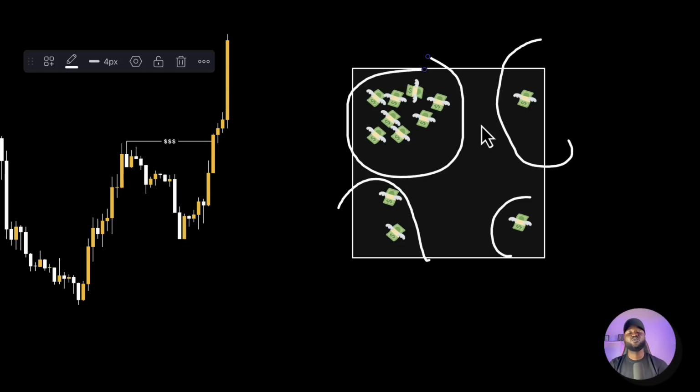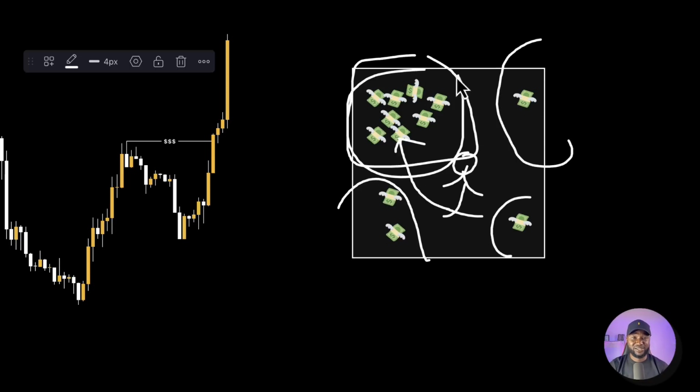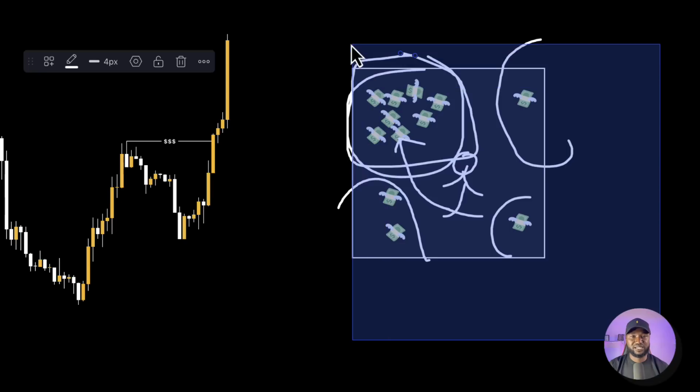If you were here and were asked to go for the best, which one do you think you will locate? Definitely here. So that is what price is doing. In as much as these places have money, this one will satisfy you the most. That is why price is always attracted to places where there is a high chance of finding high liquidity. It's not like price is doing anything outside this.